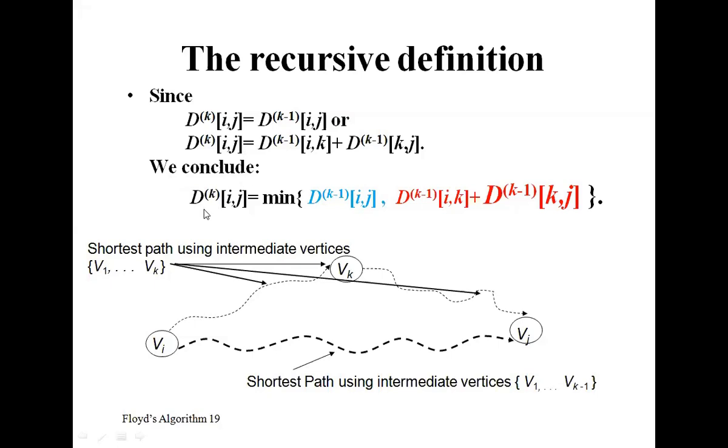So we conclude finally, this is the main formula. dk of i comma j is equal to the minimum of dk minus 1 of i comma j, and dk minus 1 of i comma k plus dk minus 1 of k comma j. This is the main formula. From this, we can calculate dk of i comma j.